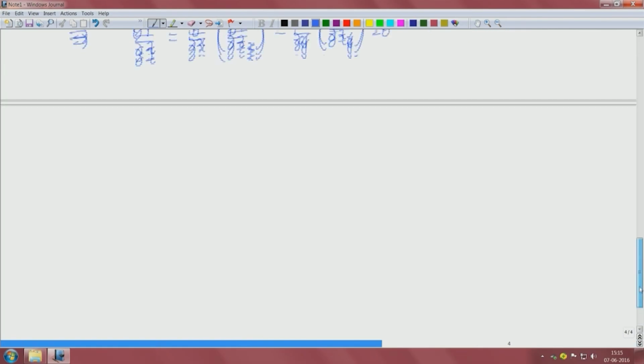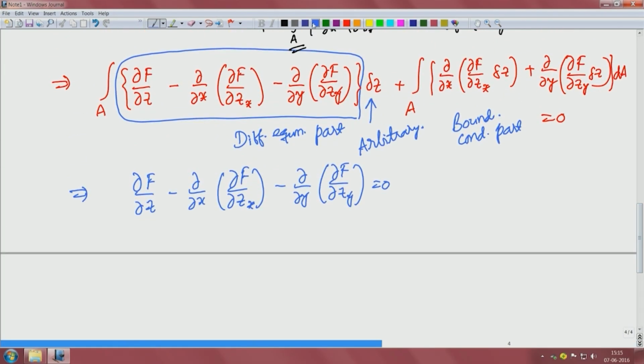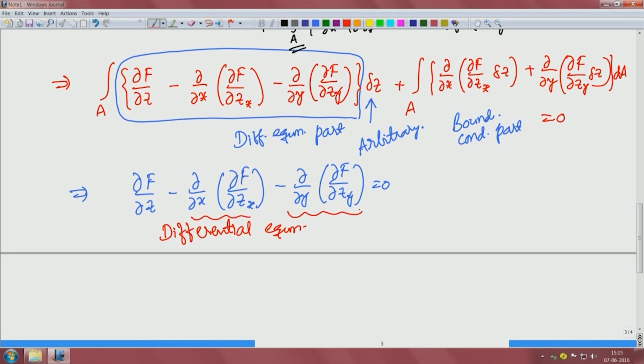Okay. So, that is our differential equation. In fact, if you recall, this is actually the Euler-Lagrange equation with two independent variables. If you recall, it was dou f by dou y minus d by dx of dou f by dou y prime. That is exactly what we have, only with partial derivatives.